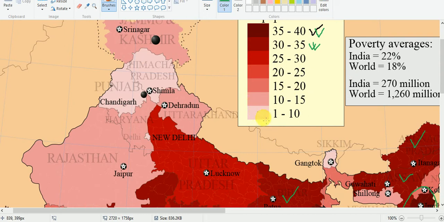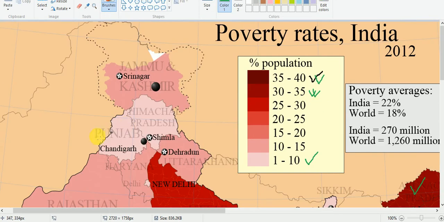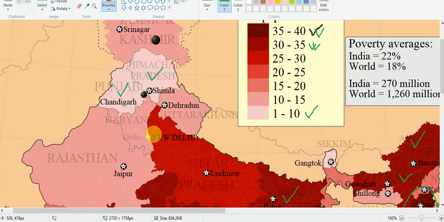And let us see about states with 1 to 10%. In the lightest shade here, we have Punjab, then Himachal Pradesh, and here we have the Union Territory of Delhi.